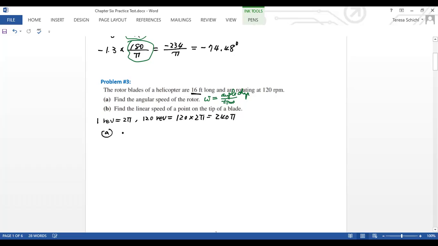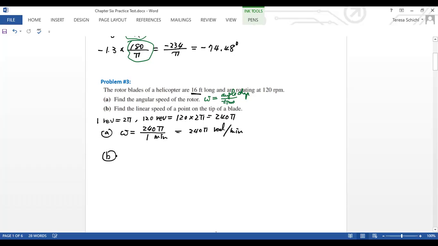Now I know my angular velocity is how fast the angle changes: 240 pi over 1 minute. So the radians per minute is my angular velocity here.